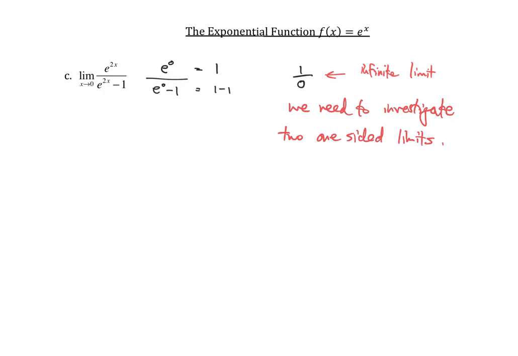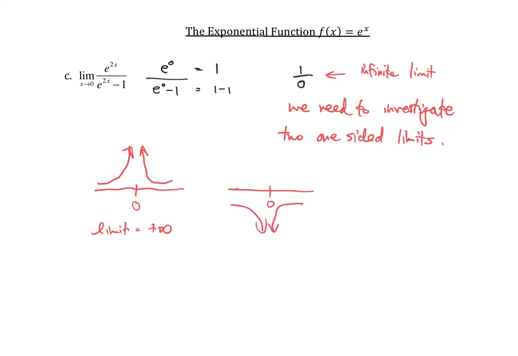Okay, we know it's going to go to some sort of infinity, but does our picture look more like this? Let's say here's 0. Does it more kind of blow up like this? Because if it blew up like this, then the limit would be equal to positive infinity. Or does it more blow up like this?